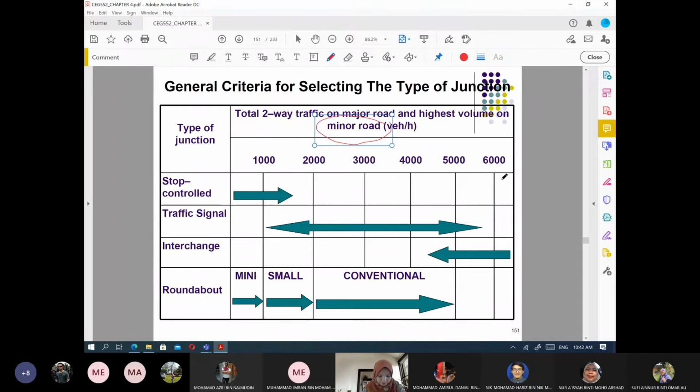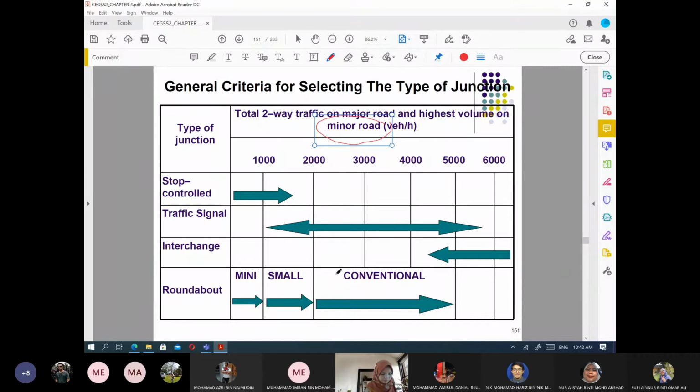Kalau dia dah pergi sampai 5000 di sini, you need to go for interchange. Traffic signal 1000 hingga 5500 kenderaan on the minor road, so you need to provide traffic signal. This is another criteria, right, for you to refer to in order to choose what kind of traffic device that is suitable for that intersection.